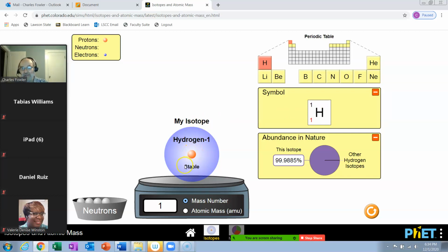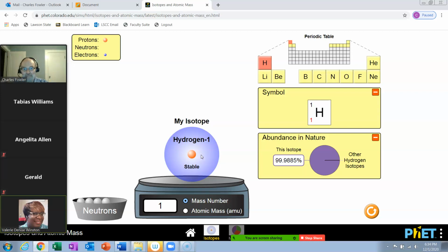How many protons does it have? 1. How many neutrons? 0. Exactly. How many electrons to be neutral? 1. It has to have the same number of electrons as protons.